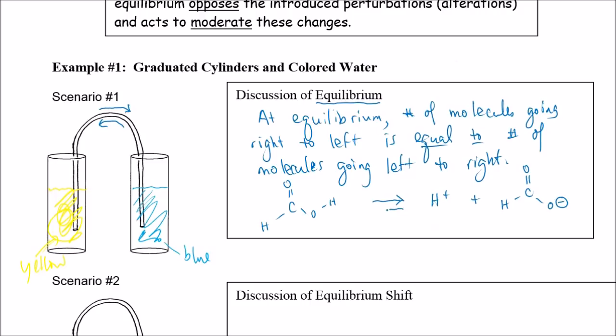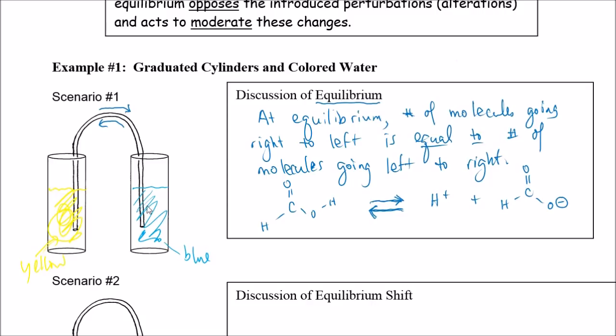And this can be an equilibrium. And if it is at equilibrium, which is naturally established, then for every molecule here that dissociates, there will be a pair of these ions that reassociate. So dissociation, left to right, is balanced by reassociation, right to left. Equilibrium is naturally established in any weak acid solution.